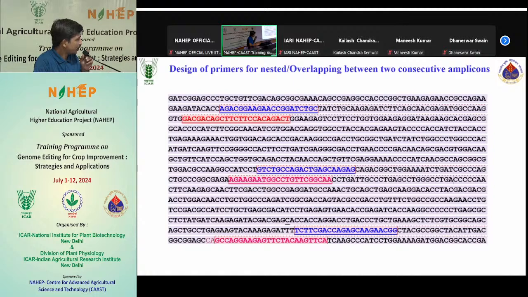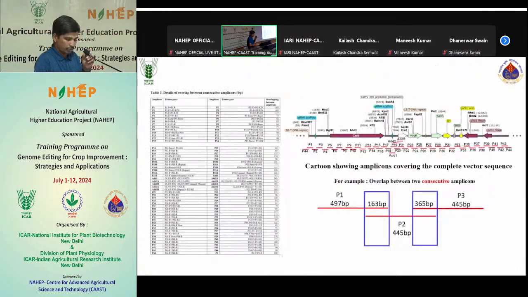The overlapping distance should be at least 50 bases. Like that you have to make it. Understood or not? Okay, so like that I have shown here.